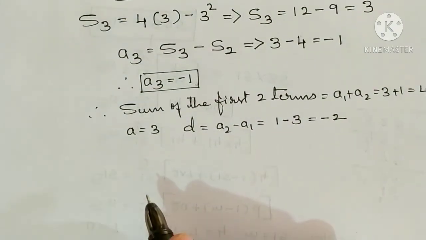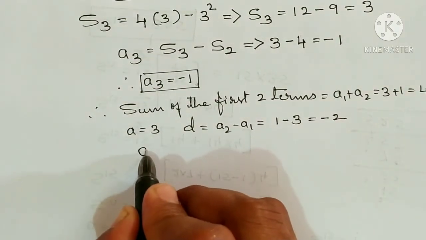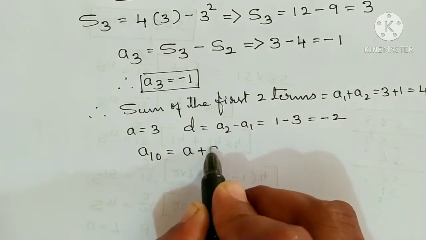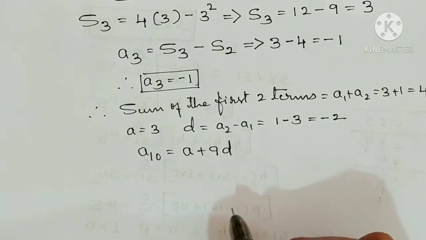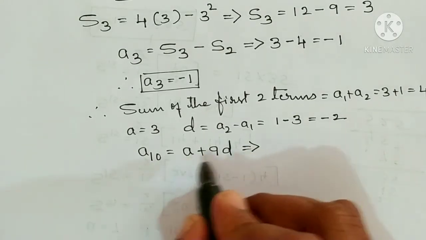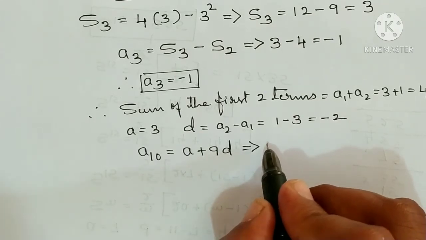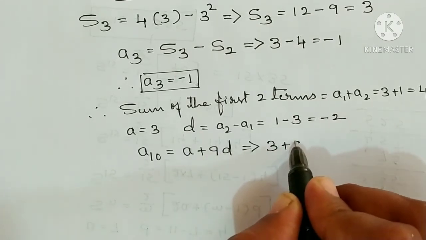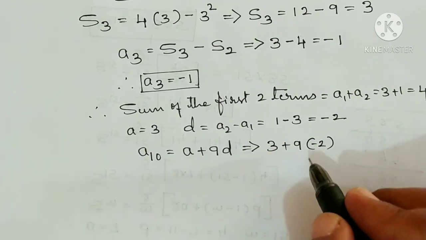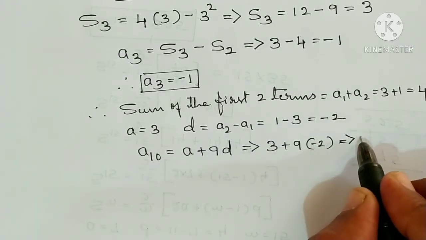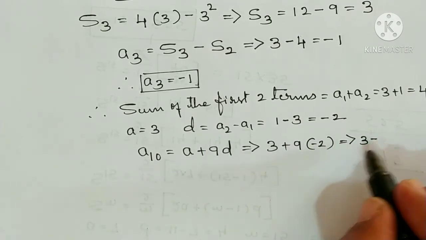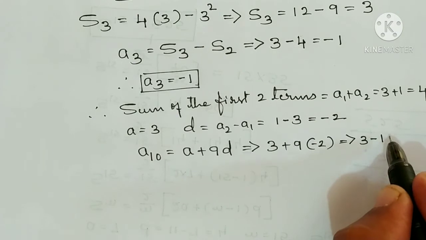Then how to find the 10th term here? A10 is equal to a plus 9d. So this implies, what is a, that is 3, plus 9 into d value, which is minus 2. Now this implies 3 minus 9 twos are 18, plus into minus becomes minus.